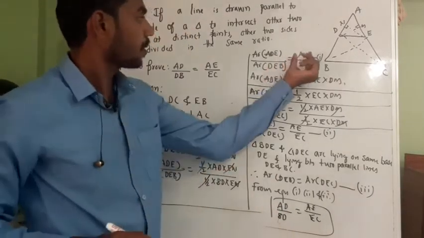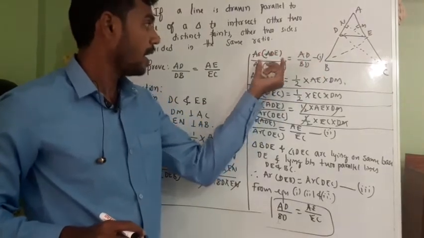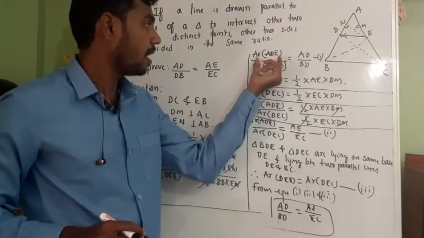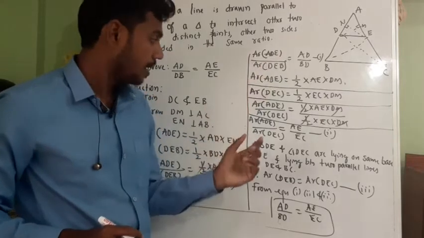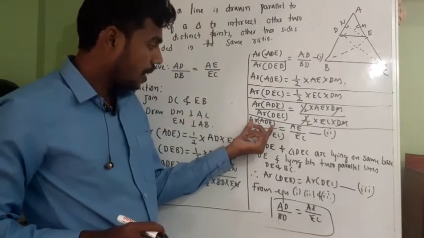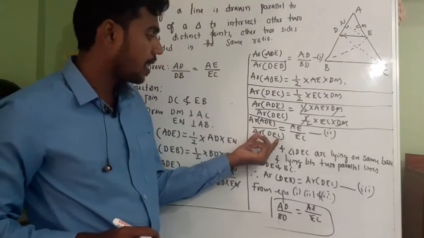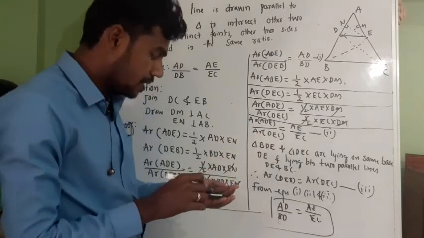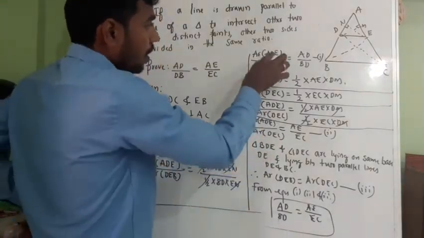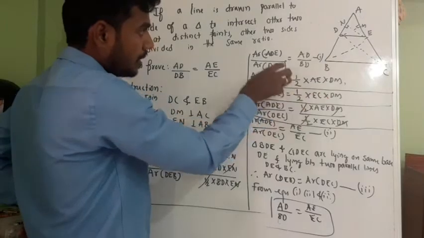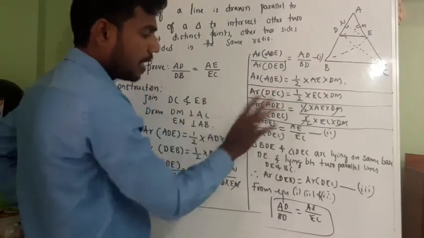In equation 1, area of triangle ADE by area of triangle DEB is there. Here in equation number 2, area of triangle ADE by area of triangle DEC is there. So in these two equations, area of triangle ADE is common.